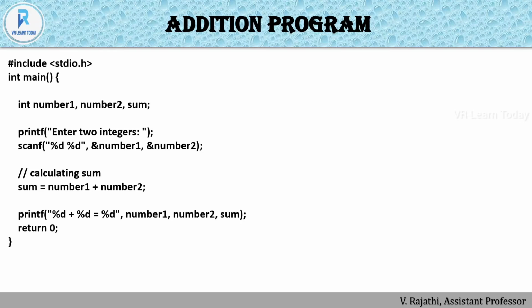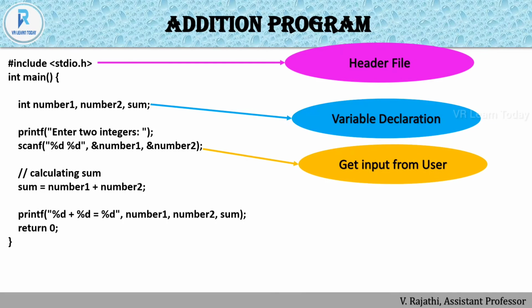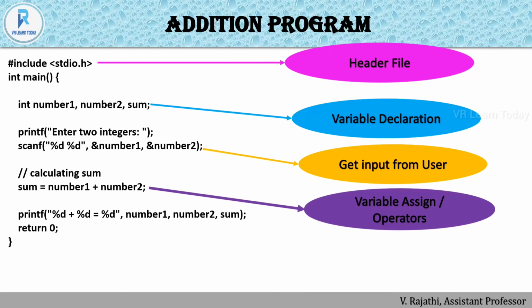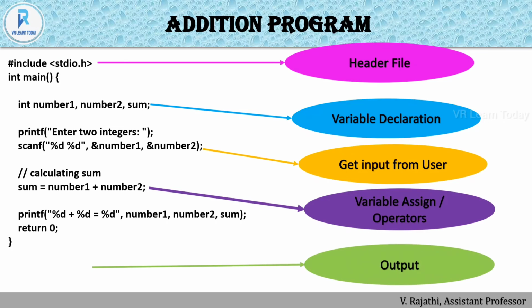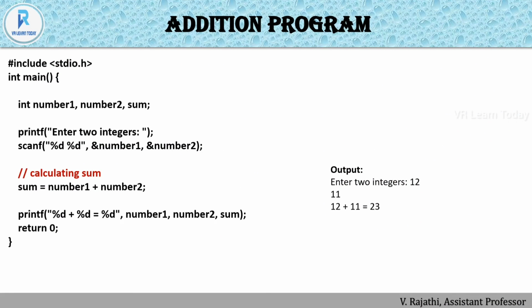Okay, and this is the processing, and after that printing the output. Header file, variable declaration, getting input from the user, variable assignment operator, and finally output. So this will be the output. Enter two integers, 12 and 11. So 12 plus 11 is equal to 23.